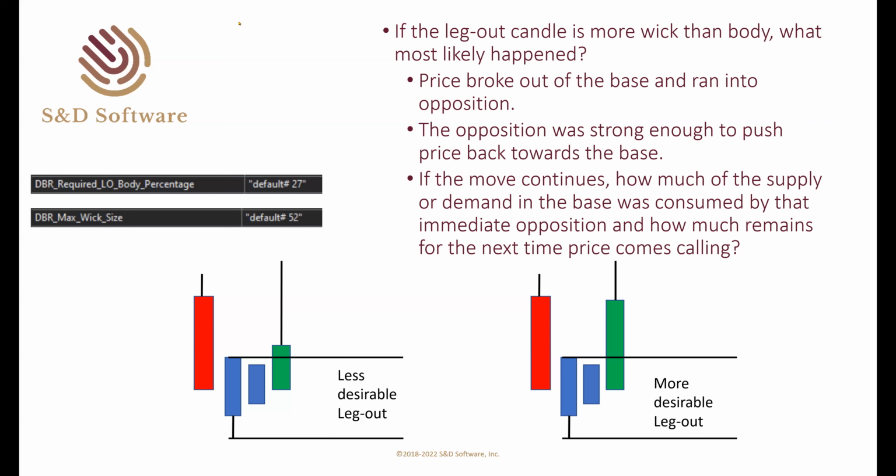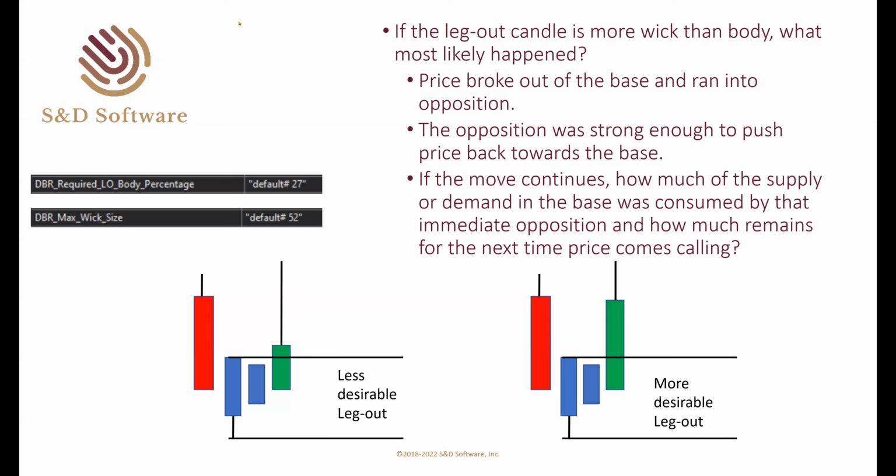Now, the two settings I have listed on the left can help us ignore the first case, or bases of the first type, and not turn those into demand bands, and accept bases like the second one, which is the more desirable.